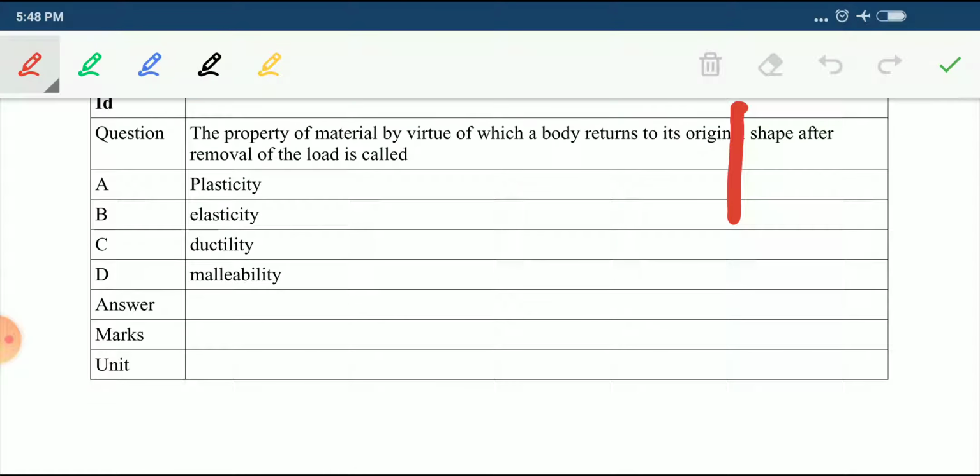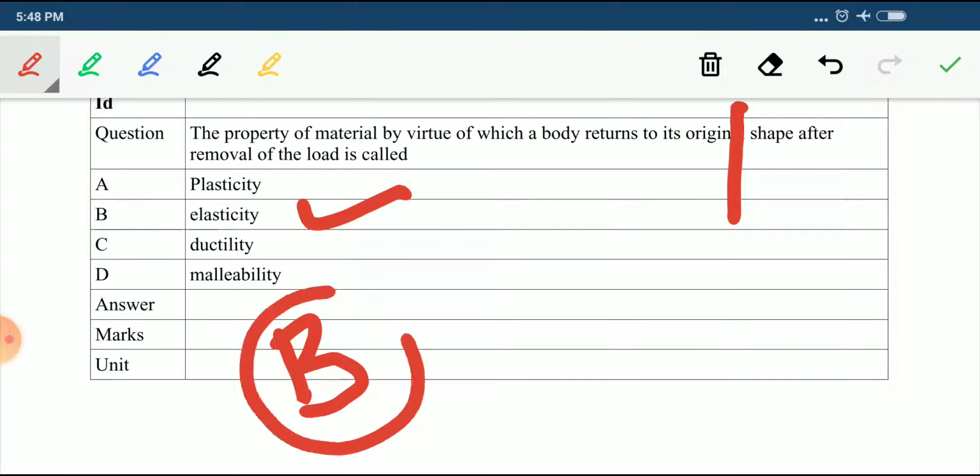Okay, the property of material by virtue of which the body returns to its original shape after the removal of the load is called which type of material? That is elastic material. If a material regains its original shape after the removal of the load, then that type of material is called elastic material. The answer B is the correct answer. What is plasticity?